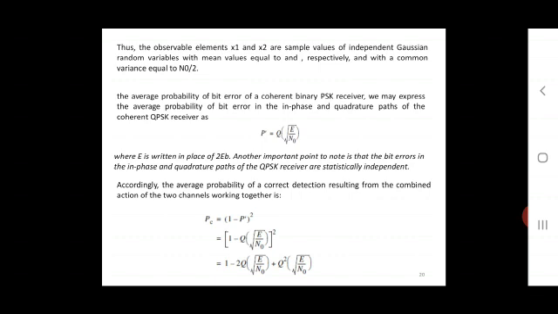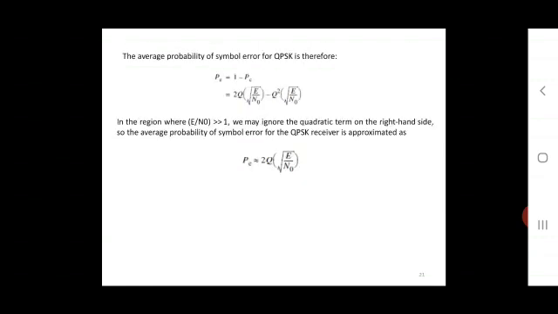The average probability of symbol error for QPSK is therefore given by Pe = 1 - Pc. So the probability of error Pe is equal to 1 minus the probability of correct detection. Substituting the value of Pc into this equation, we get 2Q(square root of E by N0) - Q^2(square root of E by N0).